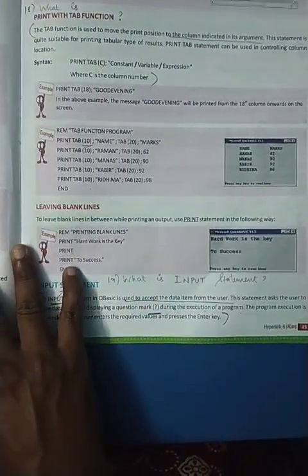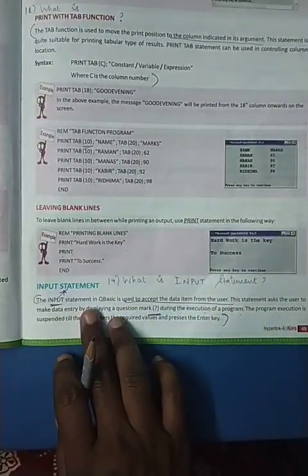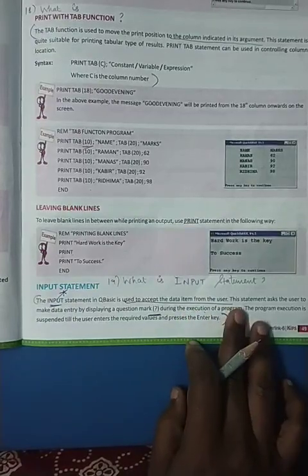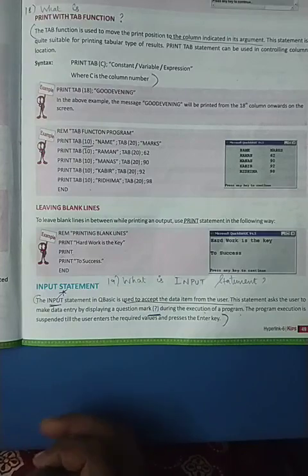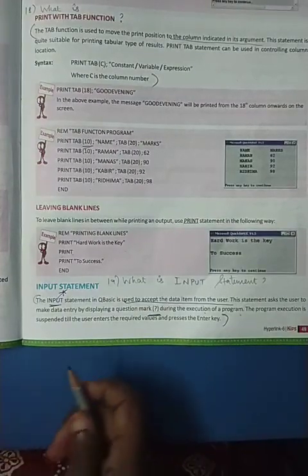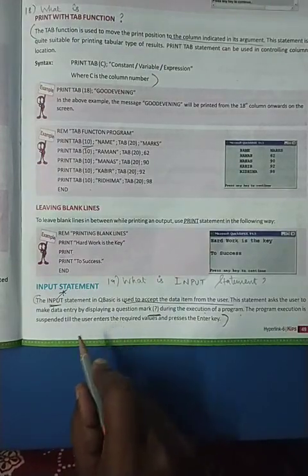Now coming to the 19th question, what is the input statement? The input statement is used to accept data from the user. It will take the data from the user, and the user will have to give the value to the computer. How will this be done?